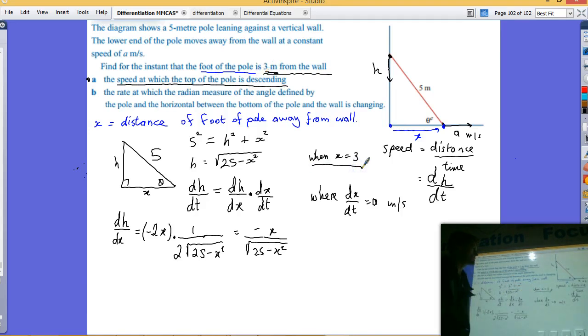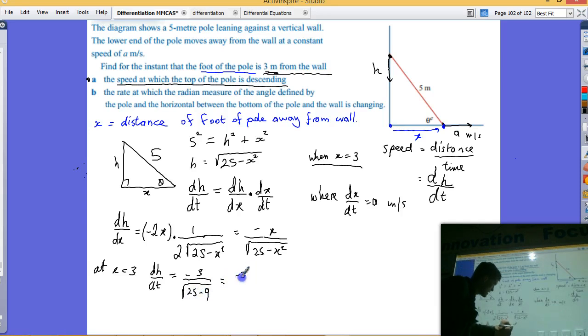So when x is equal to 3, I'll have dH dx equal to negative 3, so substitute 3 into x here, over the square root of 25 minus 3 squared, which is 9, negative 3 over the square root of 16, which is negative 3 on 4. Okay? Meters per second.